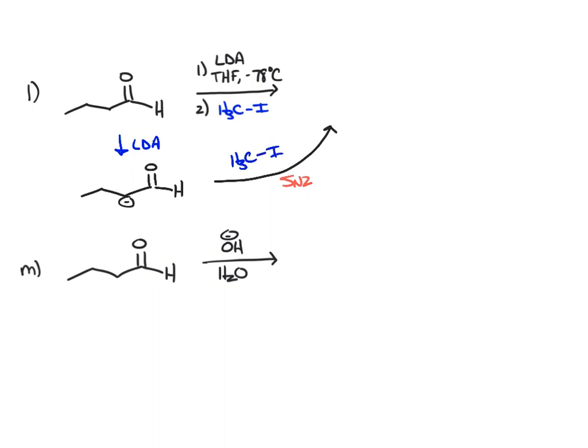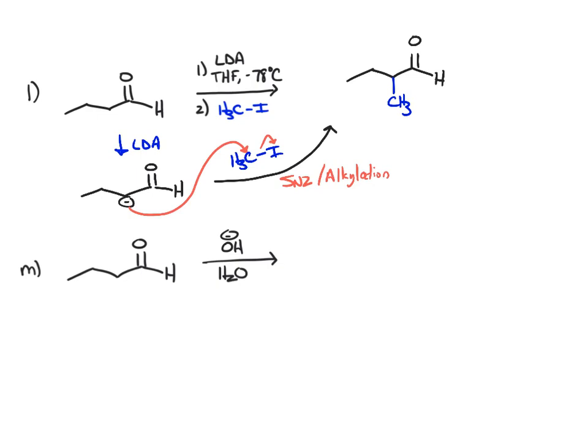Or we call this an alkylation. So that attacks the carbon. We lose the leaving group. Here's the product, the methyl added at the alpha position.